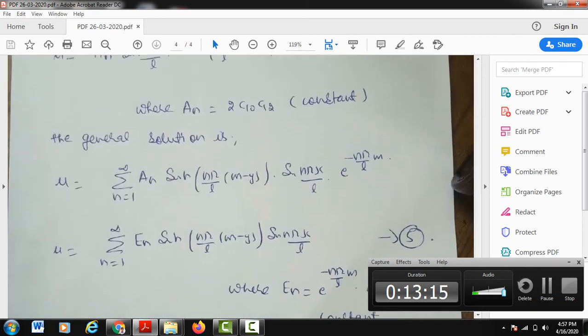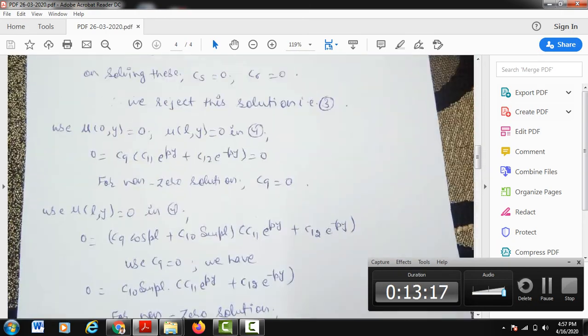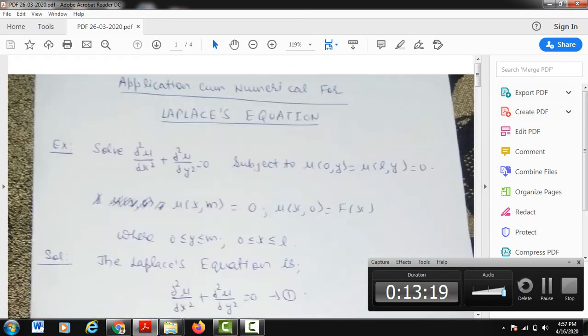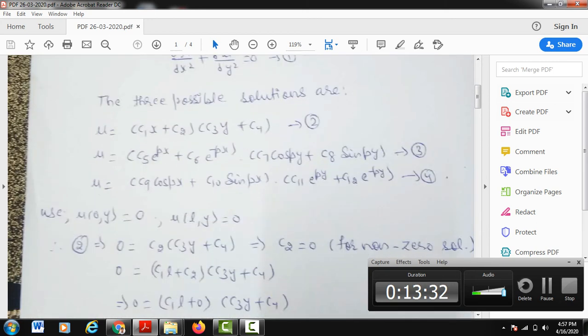Okay, so basically students, we have started with the two-dimensional Laplace equation in the Cartesian form. Then we have written the 3 possible solutions that we discussed in our derivation in my previous lecture. The 3 solutions correspond to when the constant is 0, when the constant is positive, and when the constant is negative respectively. That is equation number 2, 3 and 4.